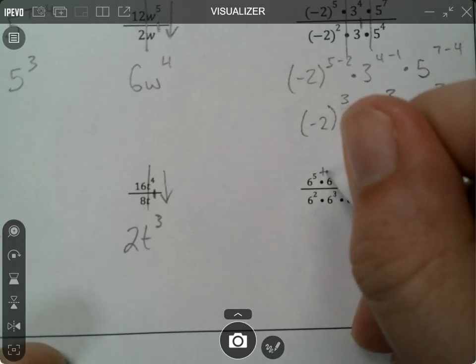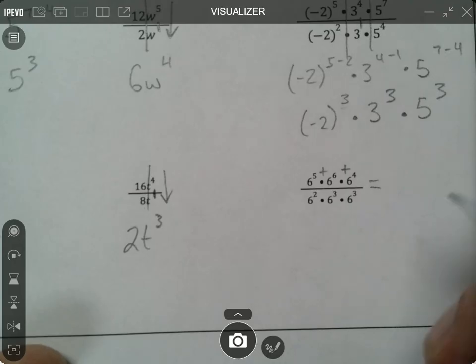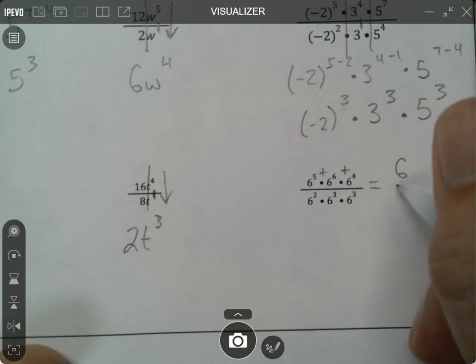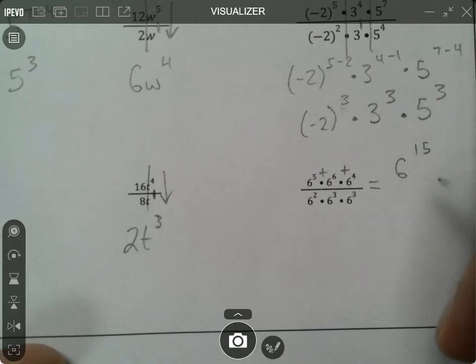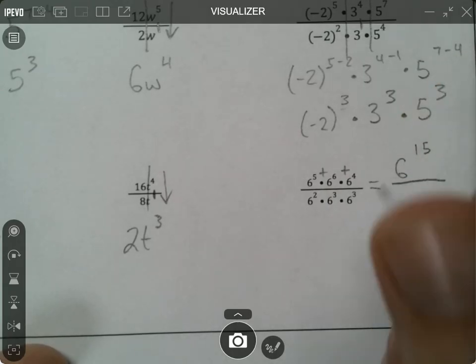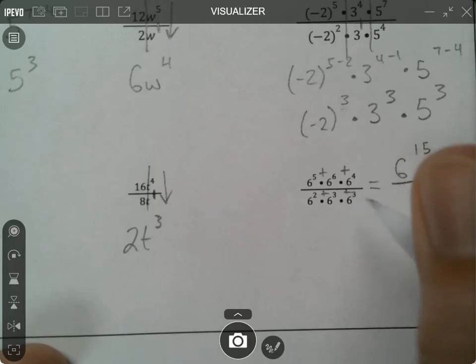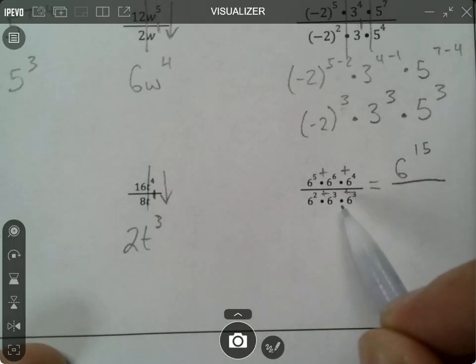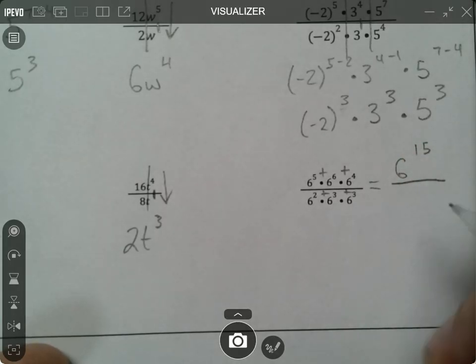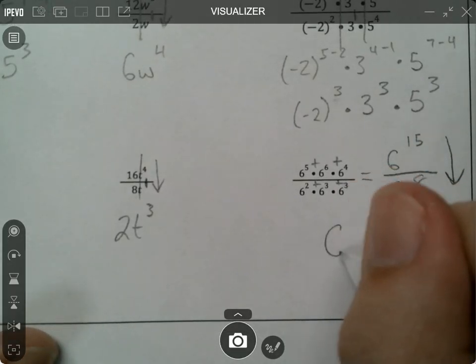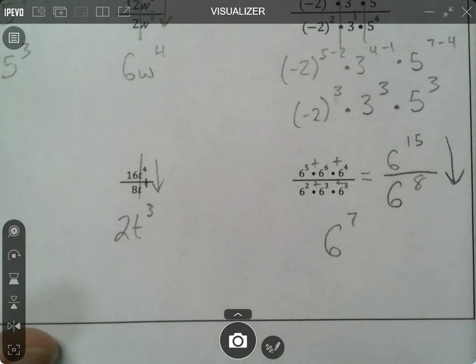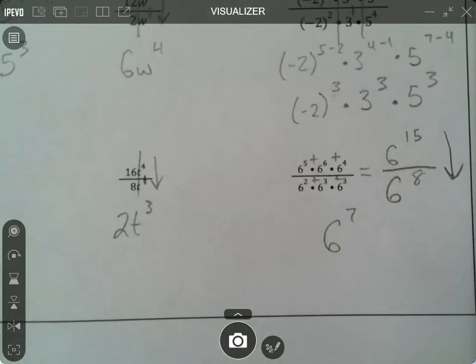So I'm going to add these exponents up. 5 and 6 is 11, plus 4 is 15. And then I'm going to add these up. 2 and 3 is 5, plus 3 more is 8. So this will be 6 to the 8th. And then when you subtract 15 minus 8, you get 6 to the 7th power.